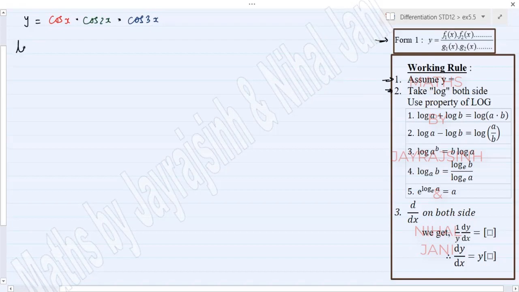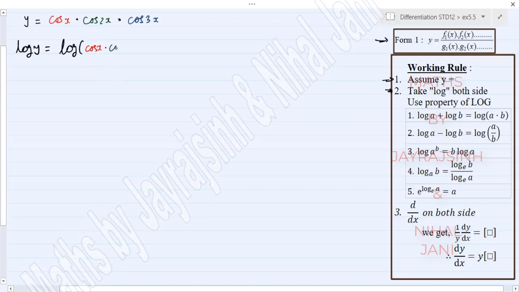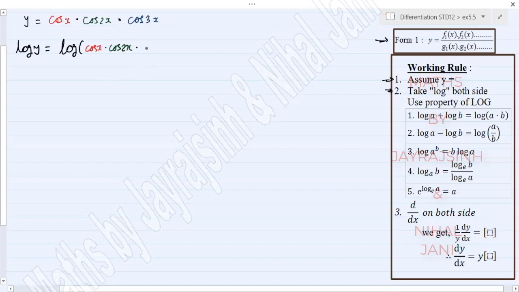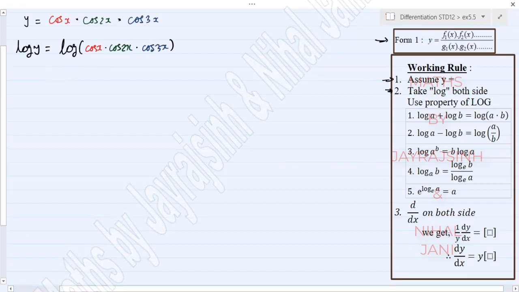So let's take log on both sides. On the left side we will get log y, and on the right hand side we will get log of cos x into cos 2x into cos 3x. Before we go for the third step, we have to simplify our right hand side using the property of log.